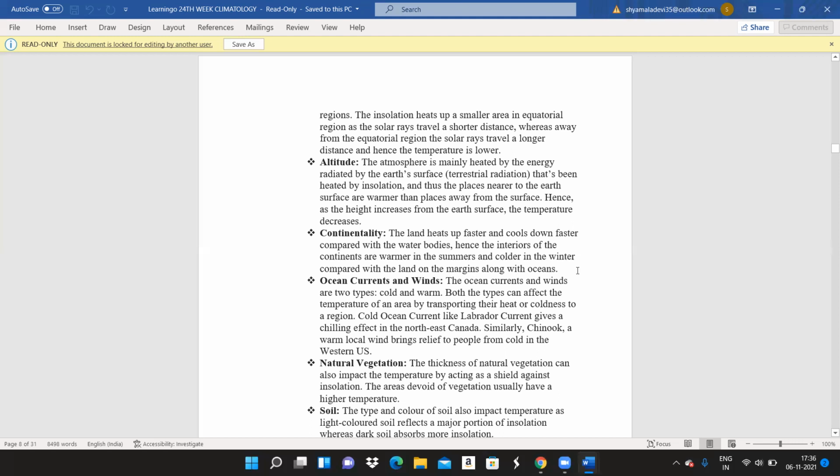So the lands experience severe summers and severe winters, whereas the coastal areas have moderate climatic conditions throughout the year, whether it is summer or winter. They don't experience that type of severity in either summer or winter. Am I clear?